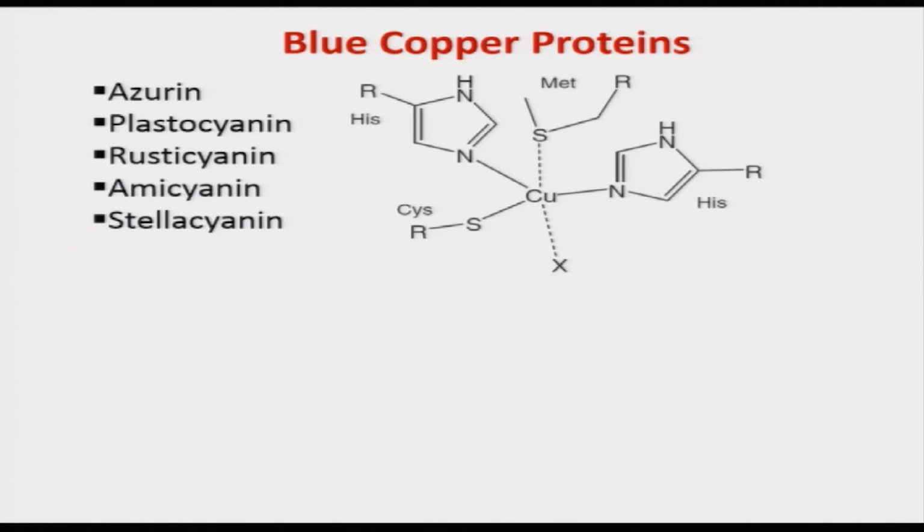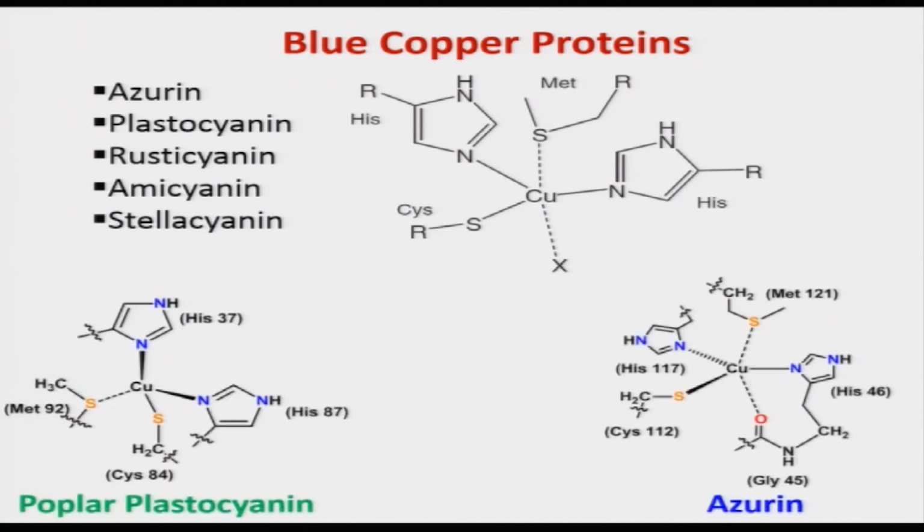As I have said earlier, this copper center is strongly coordinated with 2 histidine ligands and 1 cysteine sulfur, 1 methionine sulfur, and there is an additional X also found to be present, and this X is sometimes an O donor from a carbonyl group at a distance of 2.8 to 3.2 angstrom. Now, 2 representative blue copper proteins are shown here.